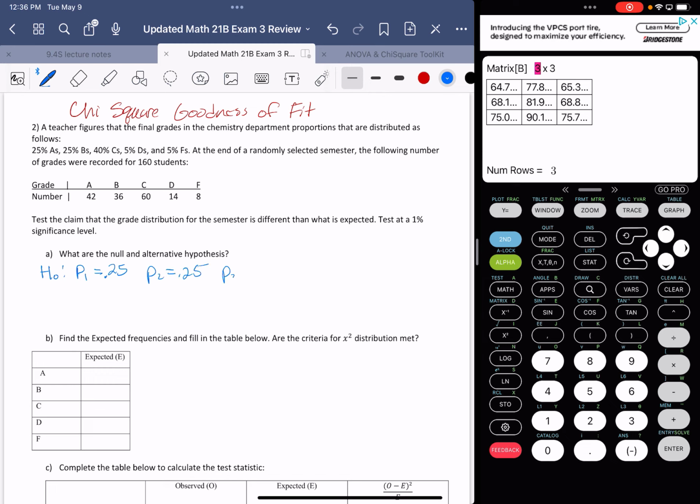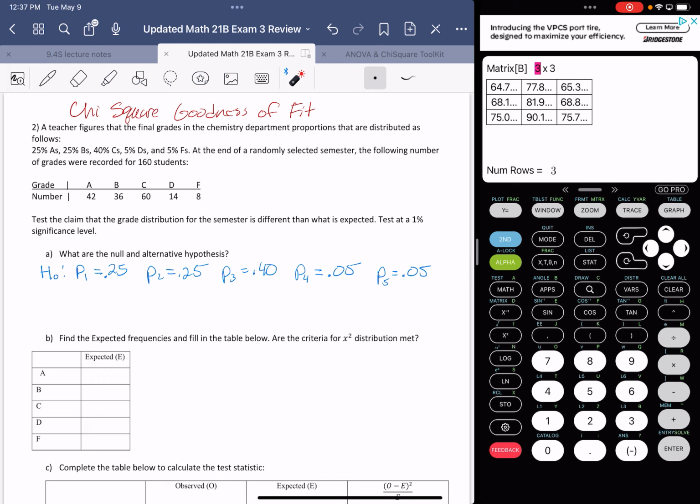The third probability for C's is 0.40 or 0.4. For D's, it's 0.05. And then for F's, it's 0.05. Because that's what was given. And if you were to add those all up, that adds up to 1 as expected. Instead of P sub 1, P sub 2, P sub 3, P sub 4, P sub 5, if you chose to write it as P sub A, P sub B, P sub C, P sub D, P sub F, you could do that if you wanted to.